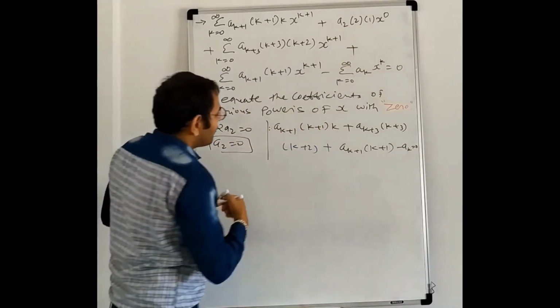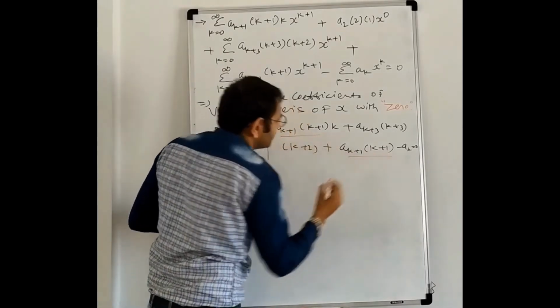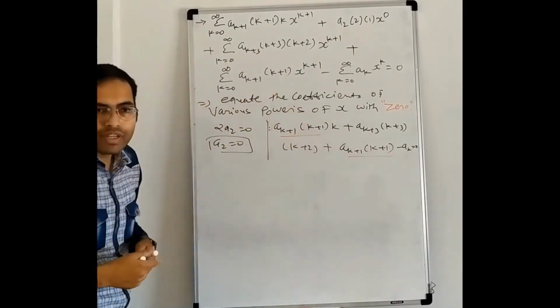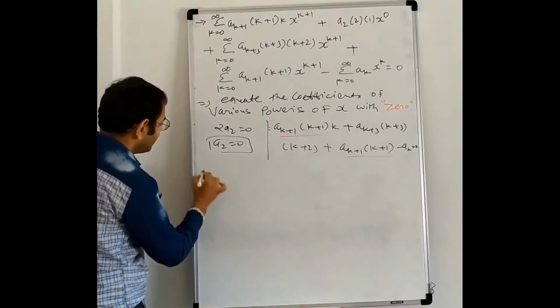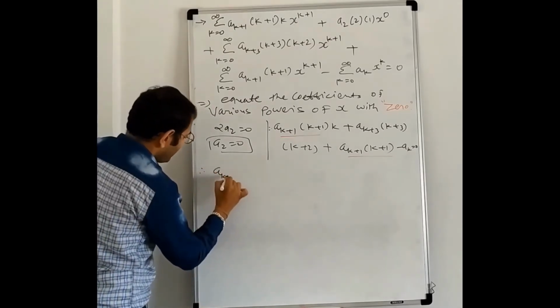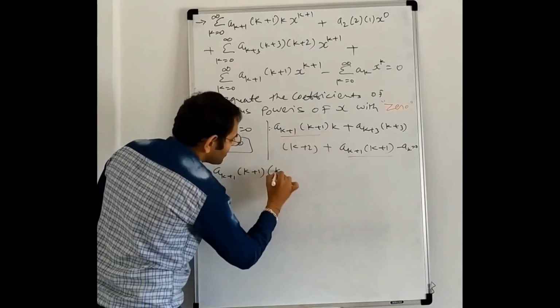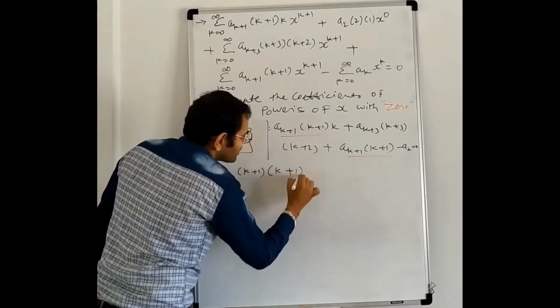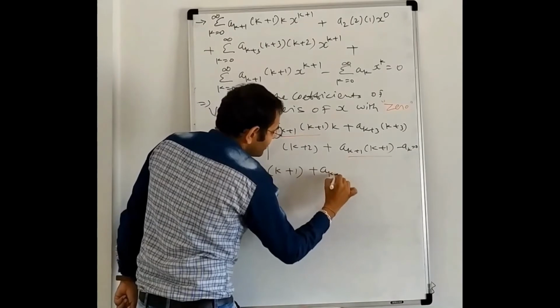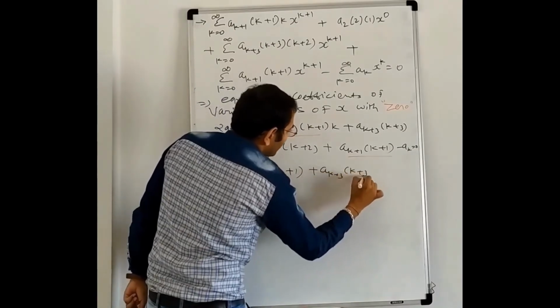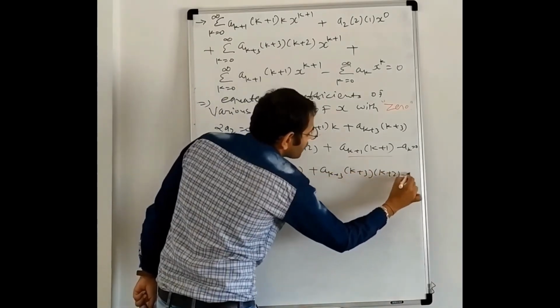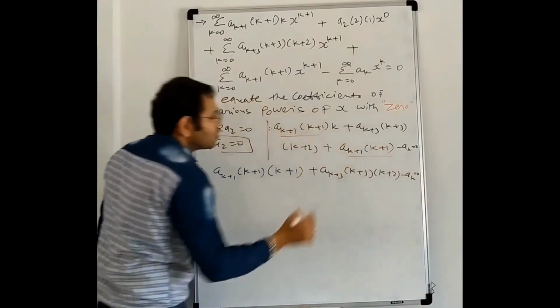Now in the first and third terms, a_(k+1)(k plus 1) is common. Then we get a_(k+1)(k plus 1) common, the remaining term in the first term is k, and the remaining term in the third is 1, plus a_(k+3)(k plus 3)(k plus 2) minus a_k equal to 0.